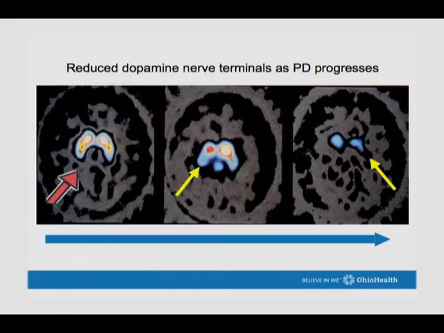So on your far left, we get this comma shape on each side. That's a normal scan. That's normal numbers of these nerve cells contacting the striatal cells. If we go to the middle, you can see on your left the reduction in that comma shape, the reduction in the signal, and even the right side of that brain, there's a little bit of a reduction in signal.